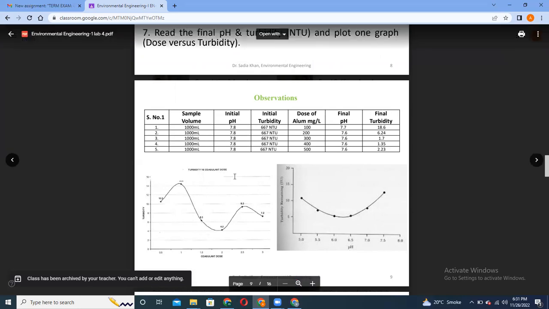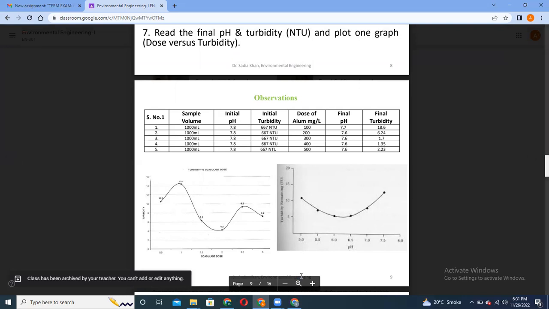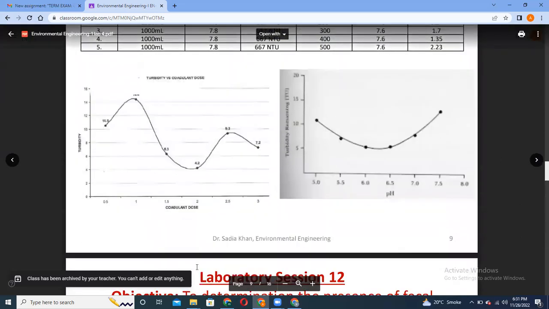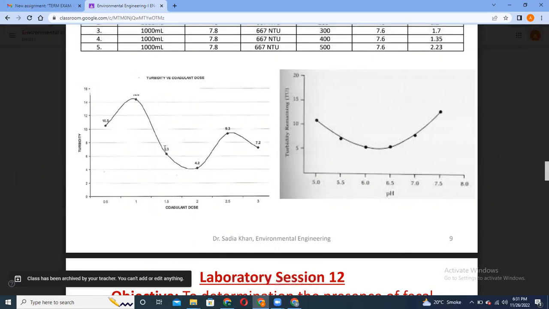Then we plot graphs. The graphs would be coagulant dose on the x-axis and turbidity on the y-axis. We obtain certain elevation and depreciation that can be observed easily.